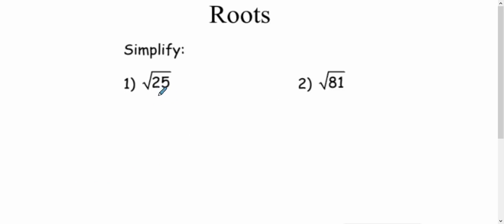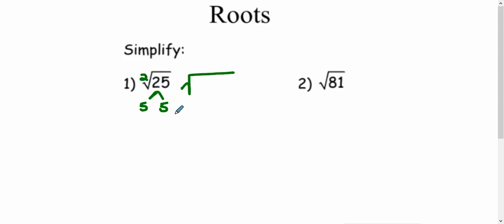So let's look at some others. I already did number 1 for you. Again, I want you to take 25 and break it down to its factors, which we knew were 5 times 5. I'm going to take those and write them in exponent form using the exponent of my index. So what was my index here when it's implied? It's a 2.